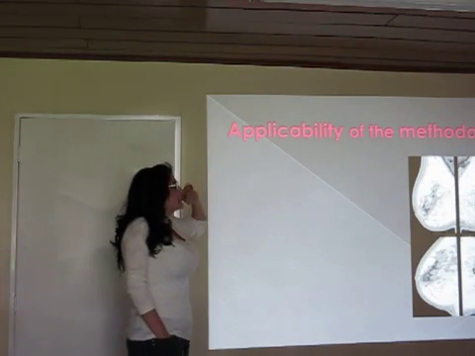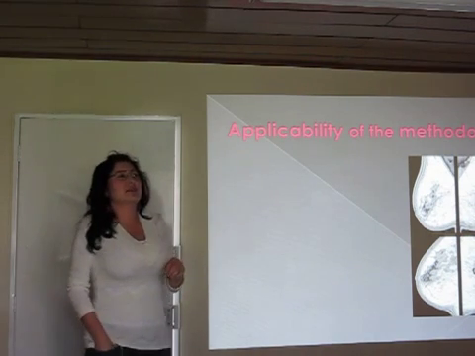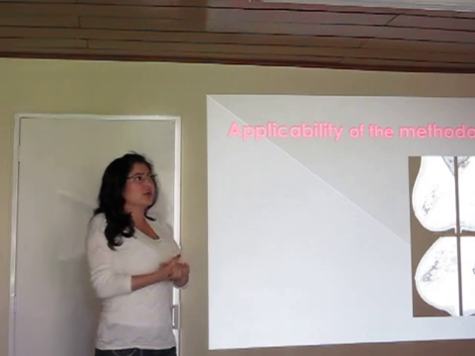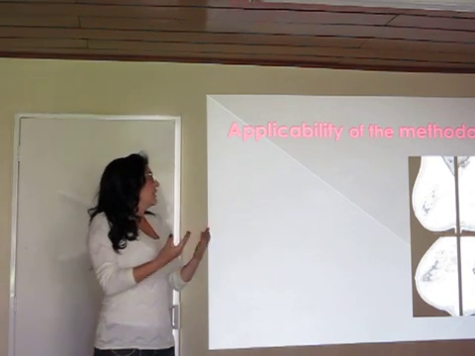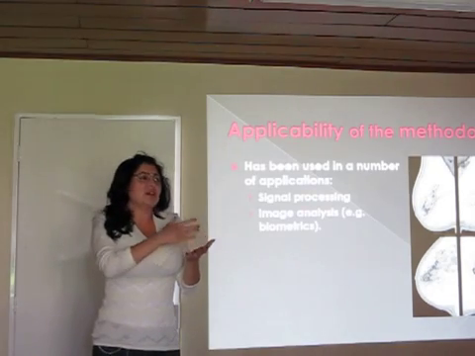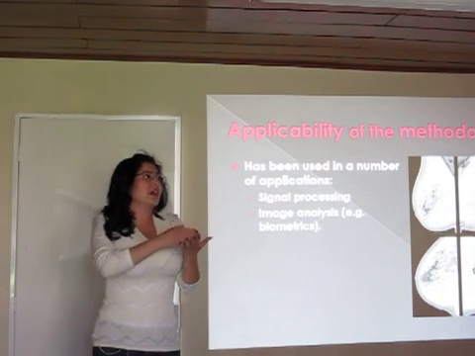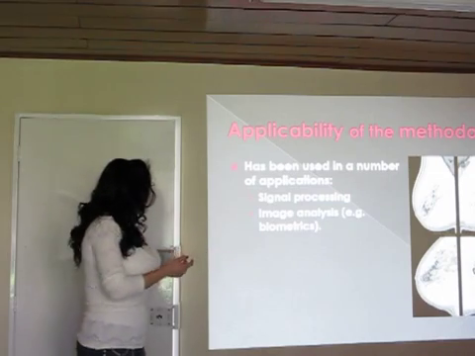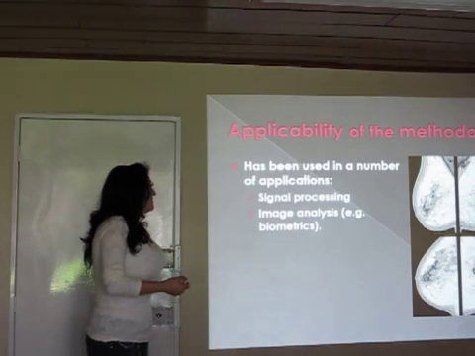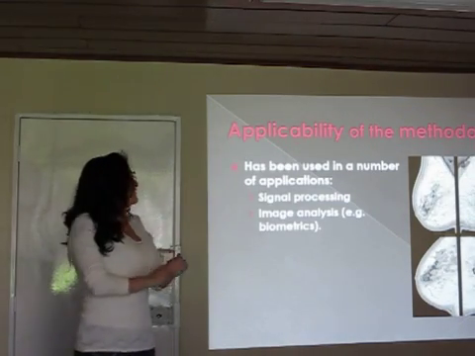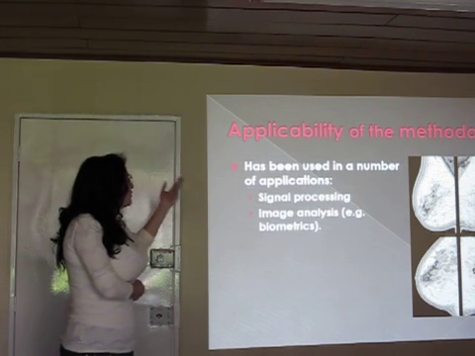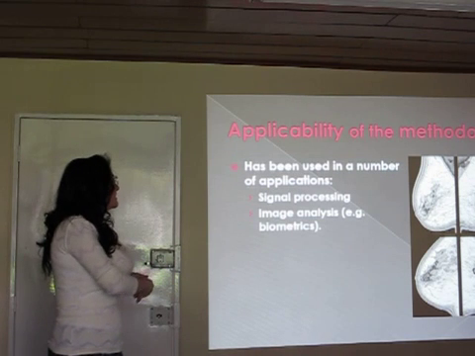This methodology has several applications. The first one, like I said before, is in process plants, when you need to identify a failure even when the failure has not been present before. But it can also be used in a number of other applications, for example, signal processing or image analysis.